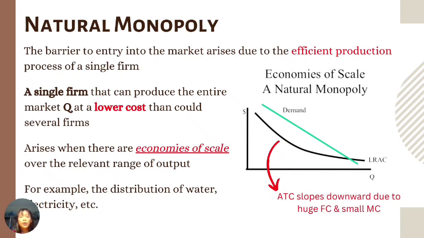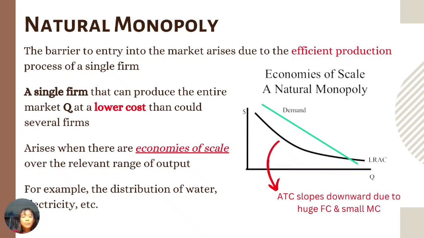This is what we call a natural monopoly. A natural monopoly is a single firm that can produce the entire market quantity at a lower cost than could several firms. This arises when there are economies of scale over the relevant range of output.